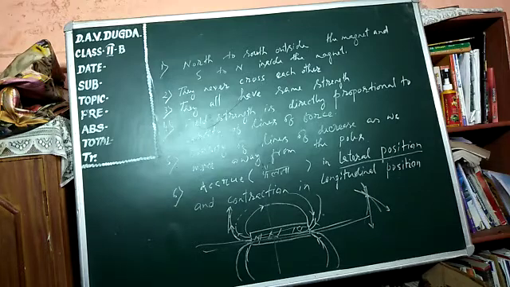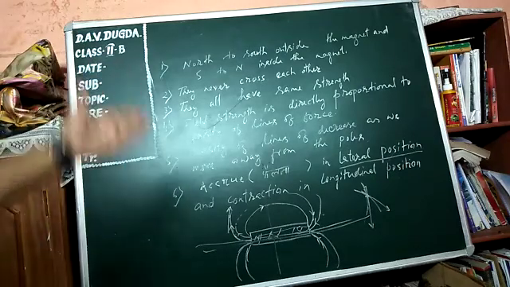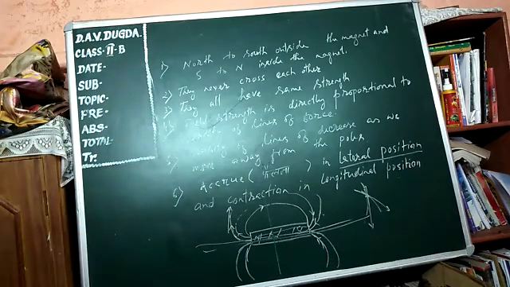This is a very important question that can be asked. A few more questions arise from these properties. You may be asked to write all the properties, or write four properties, or five properties in your paper. If asked to write the properties of magnetic lines of force, then you have to write all these things. And one more question: why do two lines of force not cross each other?